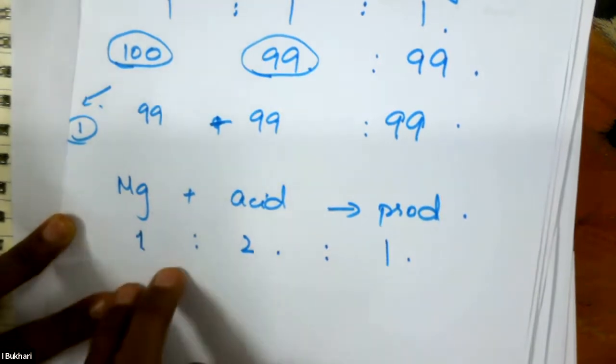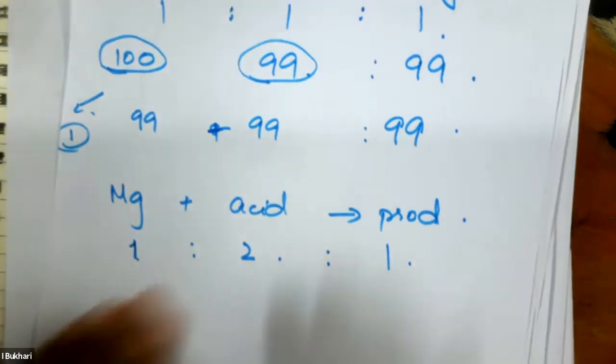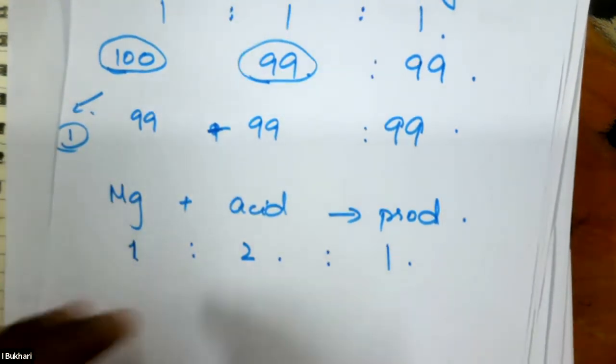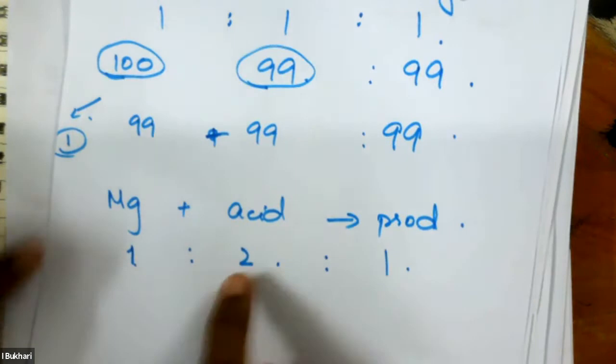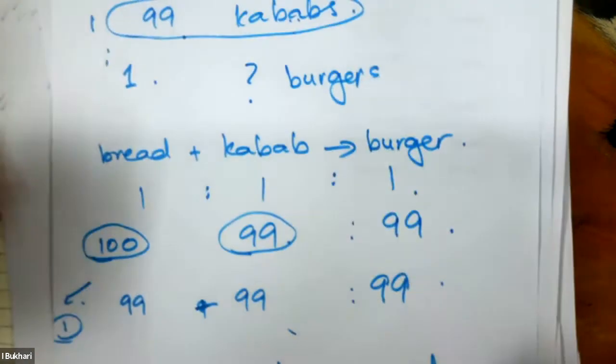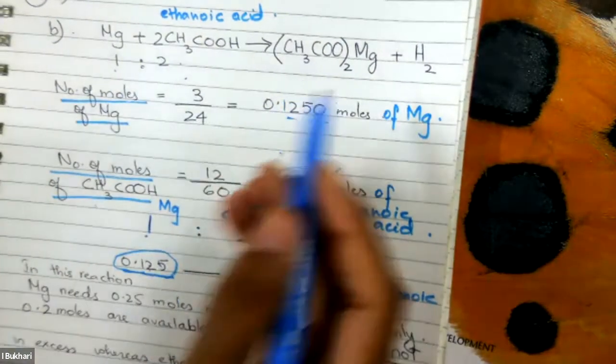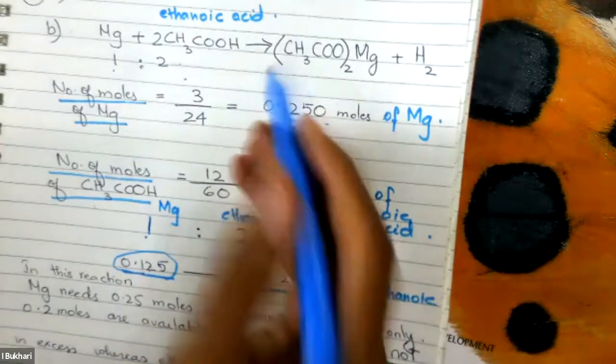I will calculate and find out the ratio in which they reacted. The simplified molar ratio is already given in the equation. That is why they write the equation, and that is why a balanced equation is really, really important.